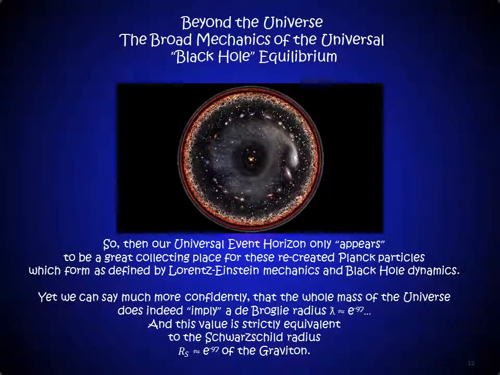So, our universal event horizon only appears to be a great collecting place for all these recreated Planck particles, whose form is defined by Lorentzian Einsteinian mechanics and black hole dynamics. Yet we can say much more confidently that the whole mass of the universe implies a de Broglie radius of 10 to the negative 97, and this value is strictly equivalent to the Schwarzschild radius of the graviton at 10 to the negative 97th.